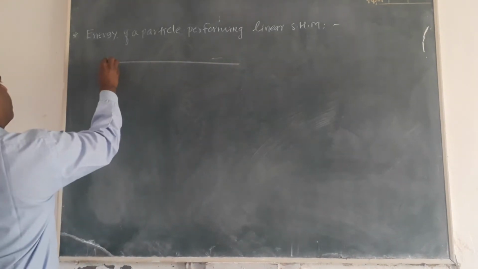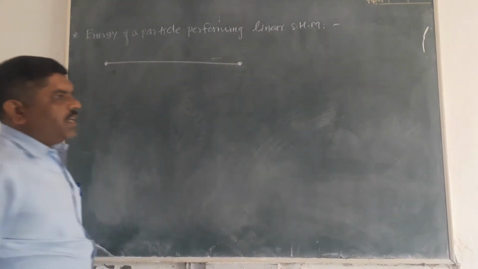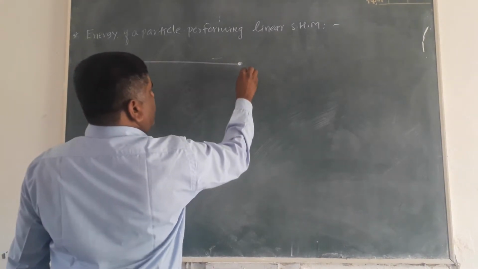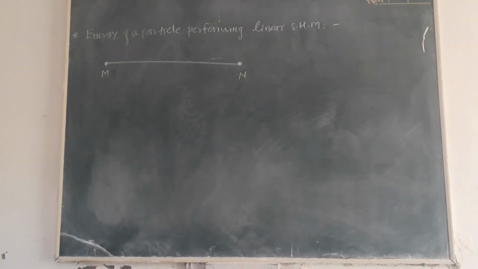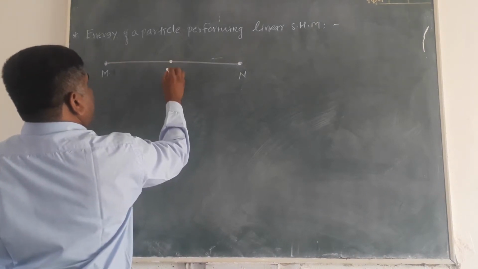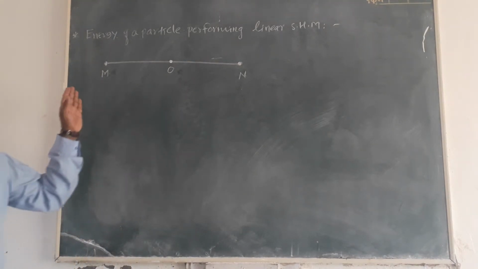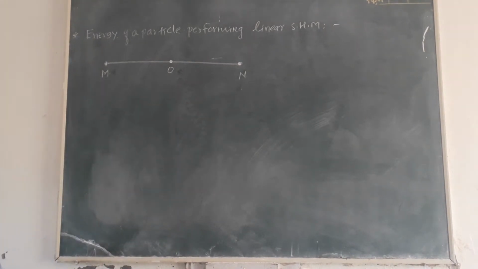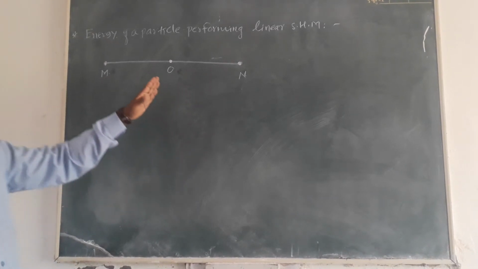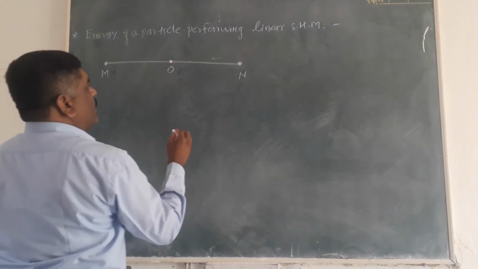Now consider a particle performing a linear SHM along a path MN and towards the mean position O. We consider the displacement of the particle along the path MN, and O is the mean position.